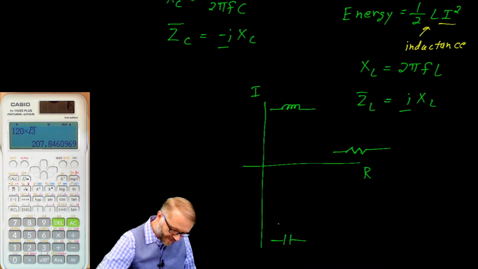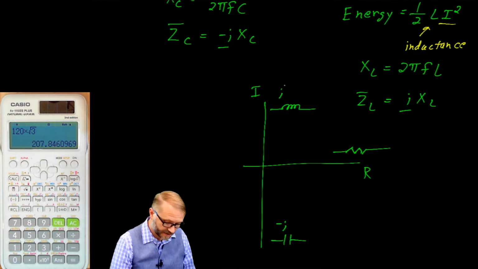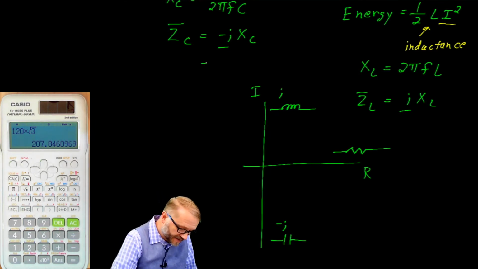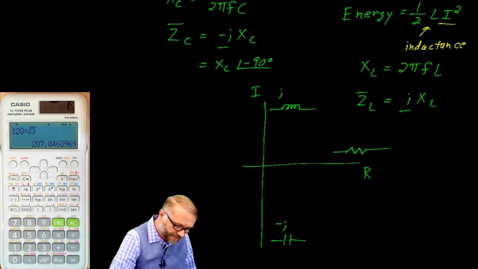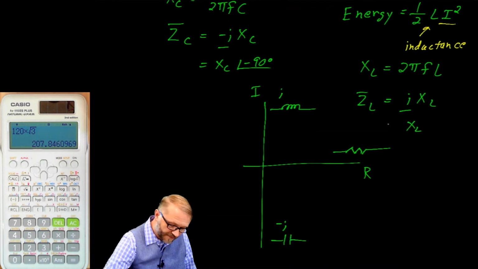Negative j points straight down, whereas j points straight up on the imaginary axis. Another way of saying that is that this is the capacitive reactance at a phase angle of negative 90 degrees, and this is an inductive reactance at a phase angle of 90 degrees.